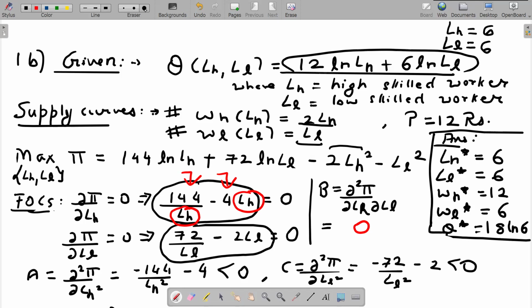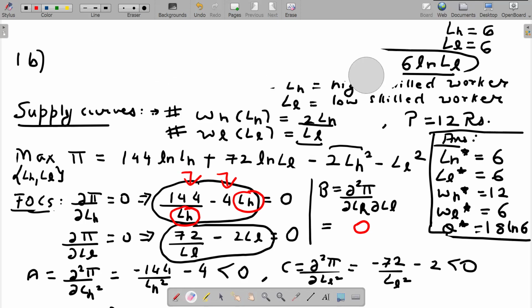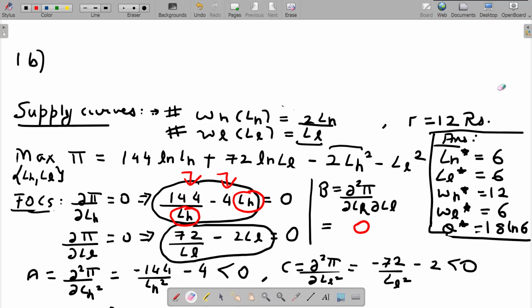So what will the determinant be now? The determinant is AC minus B square. What I'm more concerned about is the sign. A is negative. I have shown that. C is negative. I have shown that. B is 0.